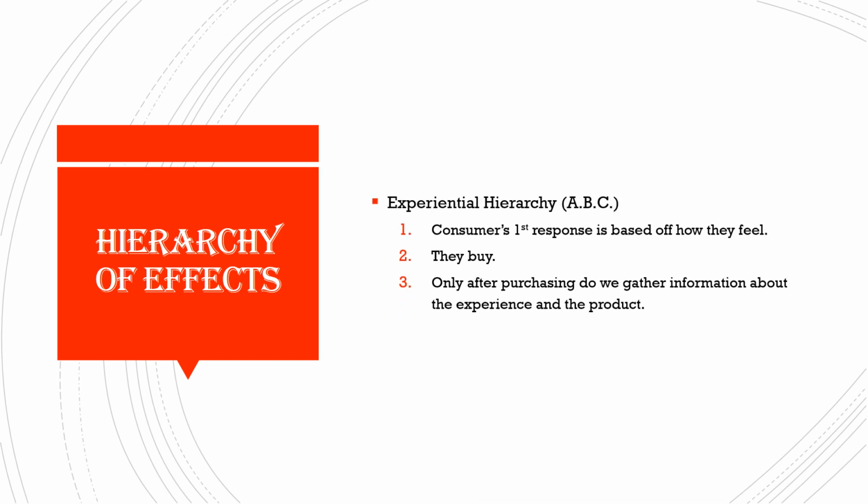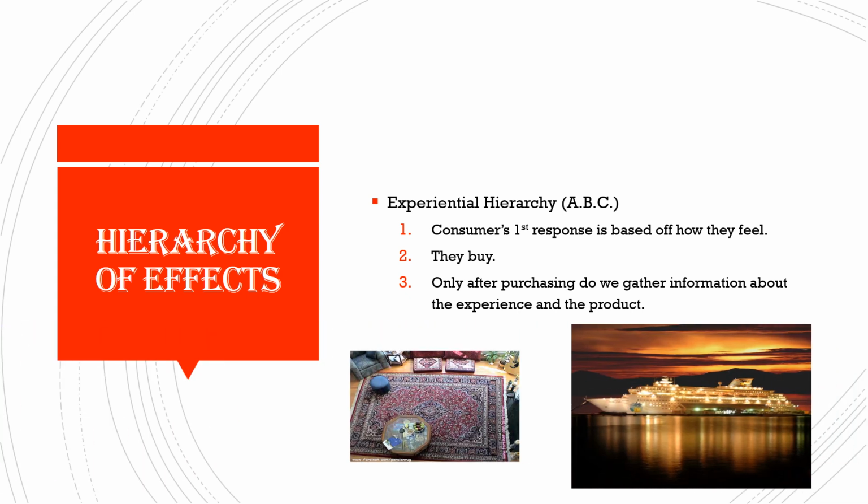Then we have what is called the experiential hierarchy. With an experiential hierarchy, the very first thing the customer does is come up with a feeling. They feel positive about a particular product. It makes them feel good. Maybe going on a cruise sounds wonderful, or buying a beautiful rug for their apartment or house makes them feel good. It's all about the feeling, and then they go out and buy it.